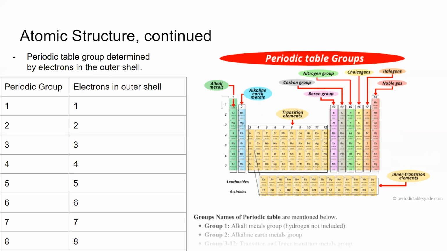But the 8 groups that can be seen on the screen are determined by how many electrons are in the outer shell. So periodic group 1, the alkali metals, will have 1 electron in their outer shell. Periodic group 2, alkaline earth metals, will have 2 electrons in their outer shell, and so on until we get to the noble gas group, which have a full outer shell of electrons, which is 8.